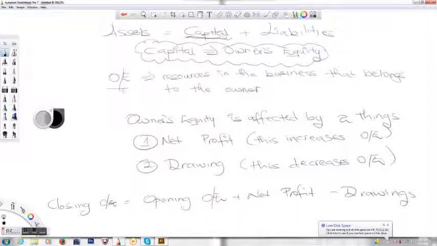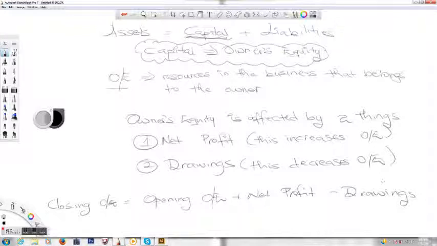Now, owner's equity is affected by two things. One, net profit, and this increases owner's equity. And two, drawings, and this decreases owner's equity. Now we have a formula that we use to calculate what owner's equity will be at the end of the year.